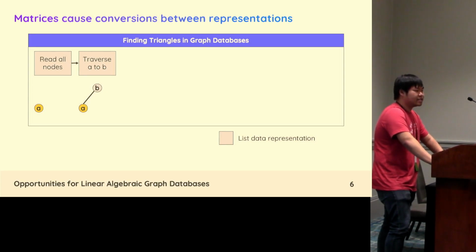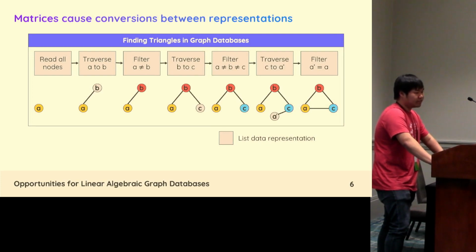This will create a list of two-node walks. Then we need to make sure that the first and the second node of the walk are not the same, because we don't want the first and the second node of the triangle to be the same node. So we do filtering. Then we iteratively go through traverse and filter steps to generate a list of three-node walks, a list of four-node walks, and then come back to a list of triangles.